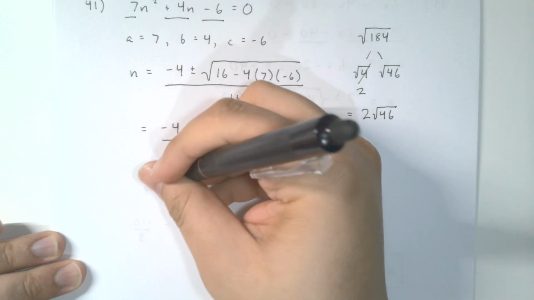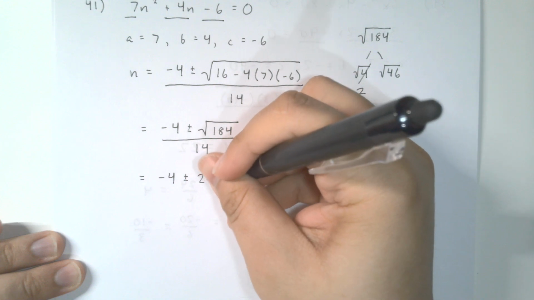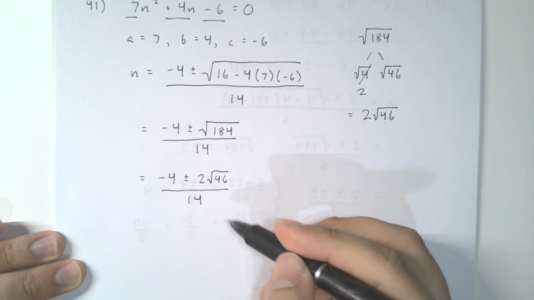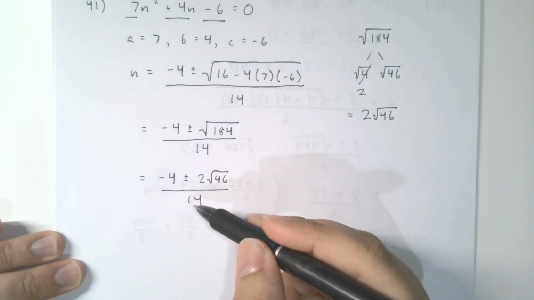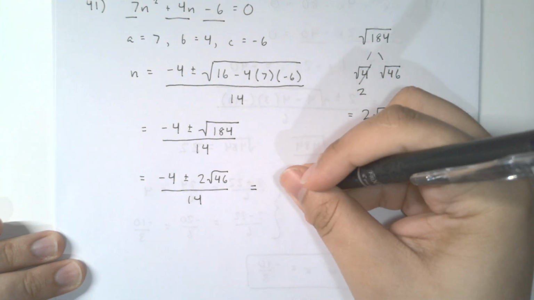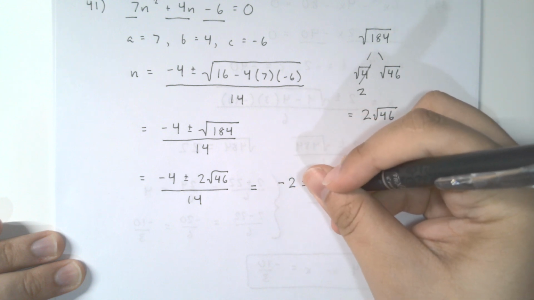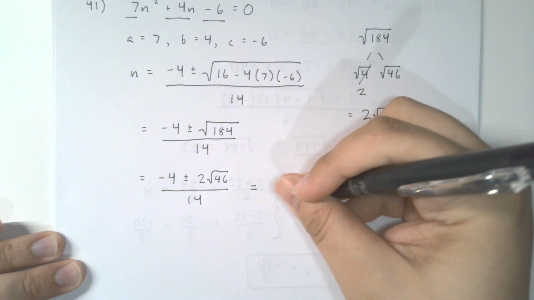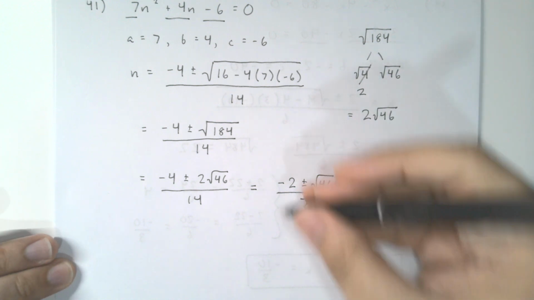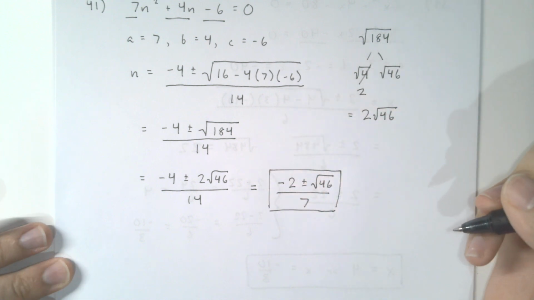We can rewrite this now as negative 4 plus or minus 2 square root of 46 all over 14. And the biggest number that we can divide negative 4, 2, and 14 by is 2. And so, final answer gives us negative 2 plus or minus the square root of 46 all over 7. And so this is our final answer.